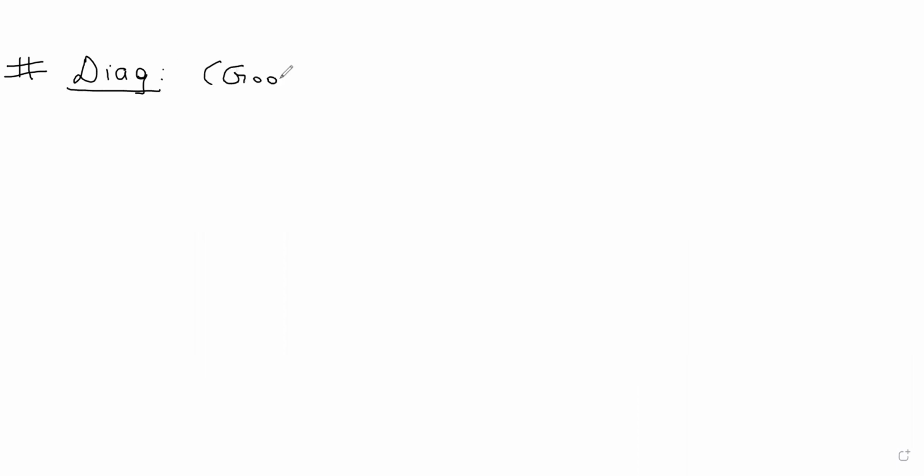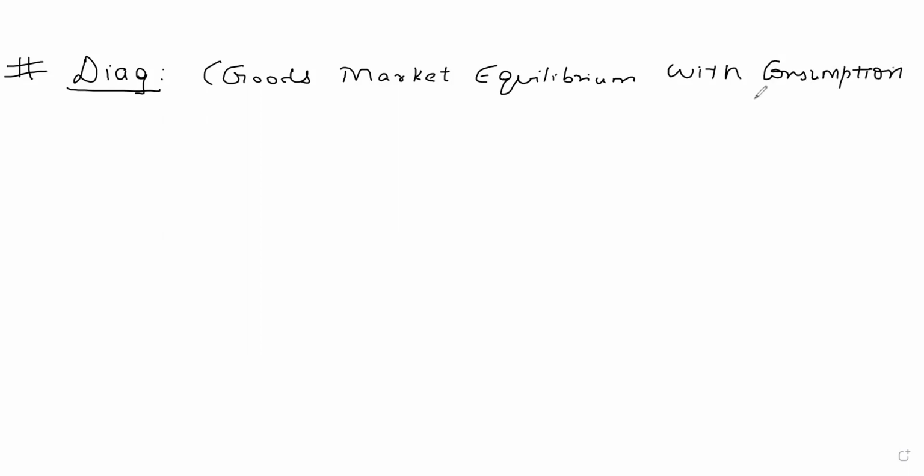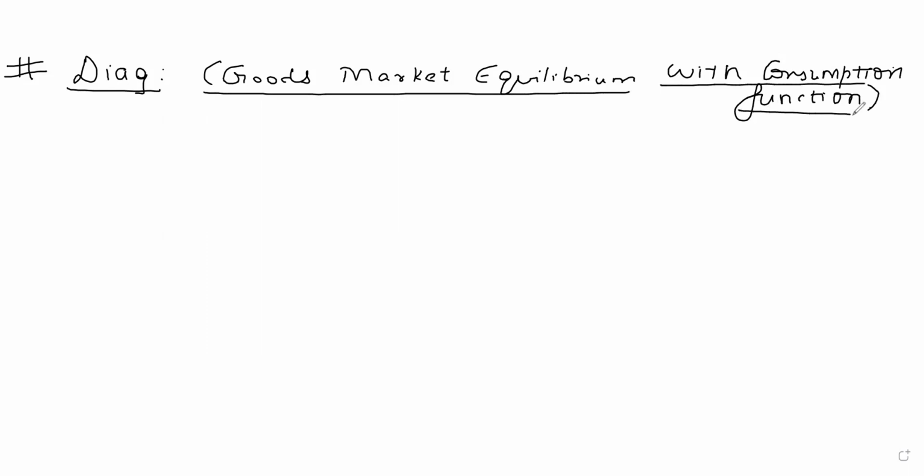So this is the diagram for goods market equilibrium with consumption function. Okay, so let me draw the diagram, and using that diagram we can also derive the savings function. There are going to be two diagrams.